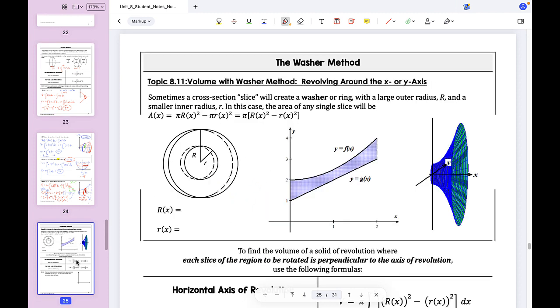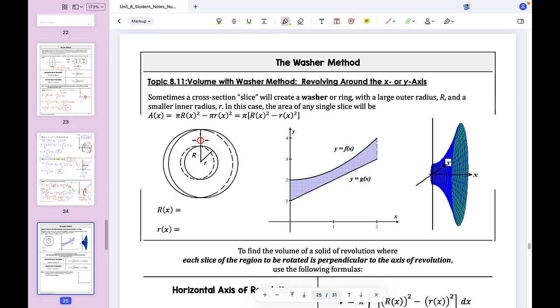So today we're going to look at volume where we have to use what we call the washer method. And the washer method is used when we have an area that's bound between two curves like this, and then it's revolved around an axis. And when that happens, it leaves essentially a hole. So we have what looks like a washer.